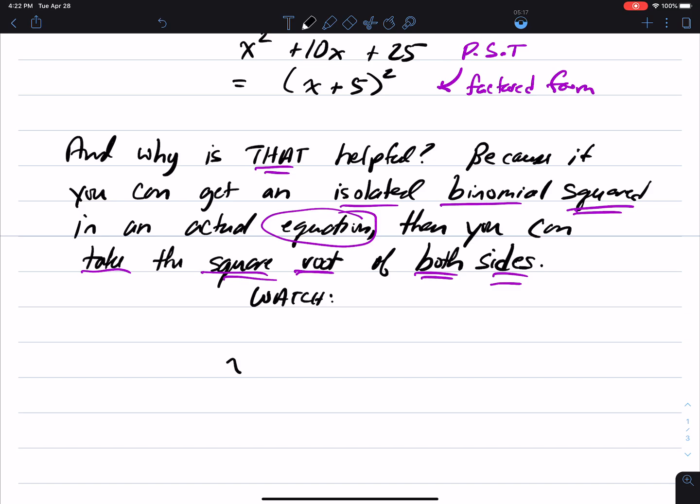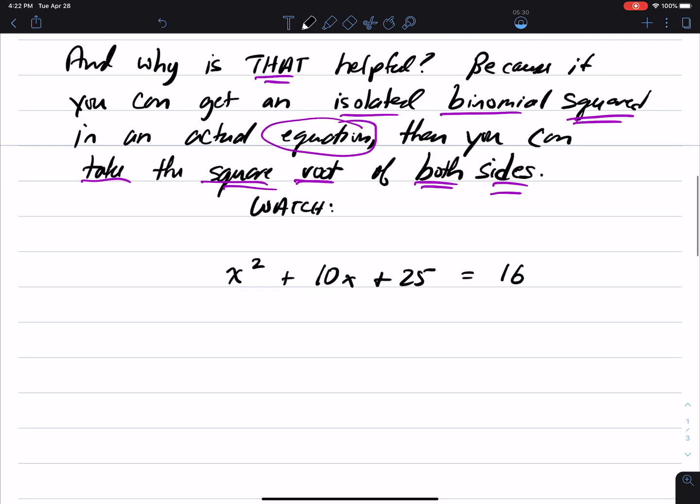Let's say we actually have an equation now that's x squared plus 10x plus 25 equals, let's say, 16. It'll be helpful to have a square value in this initial example on the other side. We don't need to, but you'll see why I did it this way, okay? So how does this whole PST factor, right? It factors as x plus 5 squared, right, equals 16, okay?